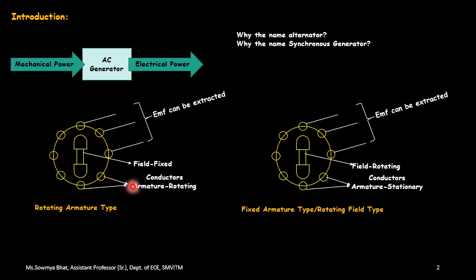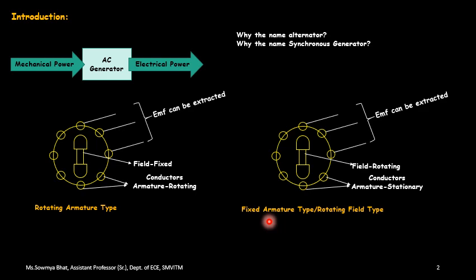Due to the principle of electromagnetic induction, EMF will be generated when you place a current carrying conductor in a magnetic field, and this generated EMF can be extracted. Again, if the conductors are not rotating and are stationary, and the magnetic field is rotating, we call such alternators fixed armature type, rotating field type, or revolving field type alternators.